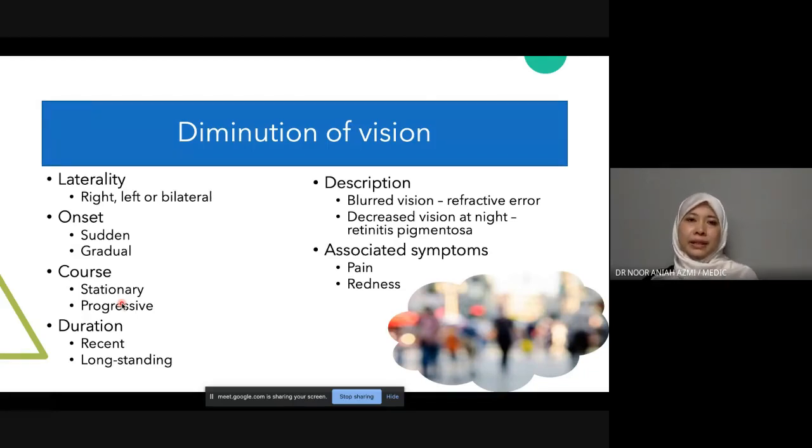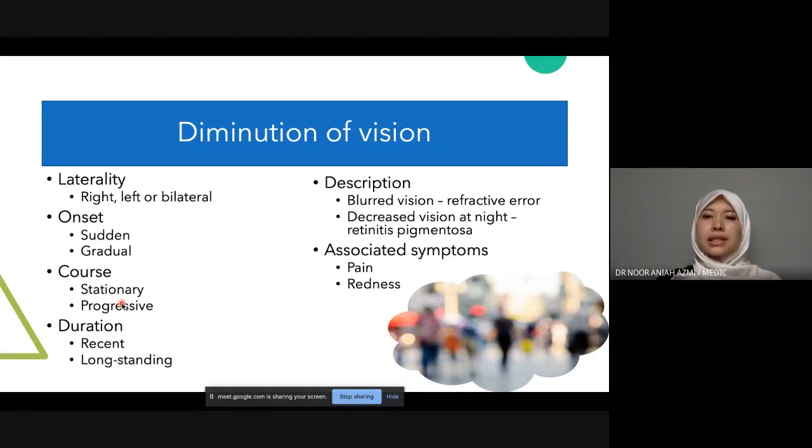For example, like cataract, the patients will usually complain of generalized blurring of vision. And then it depends on the types of cataract as well. This one is more of an introductory; for each one of them, you will learn in your future lectures what the exact description is for each eye disease.